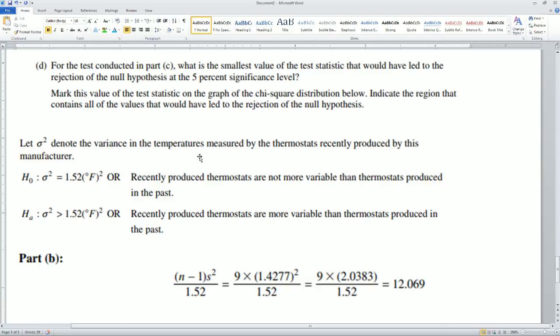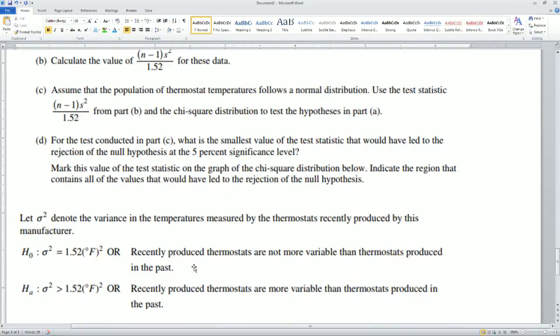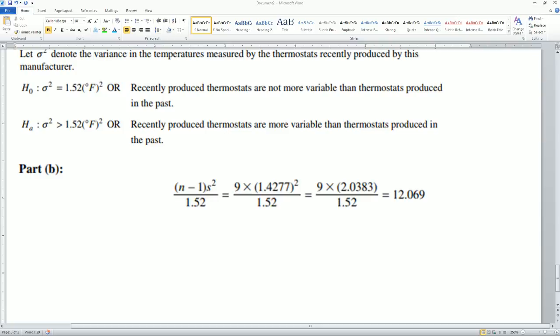Right, that's right. Part C is using the test statistic from part B and the chi-square. You're gonna test the hypothesis because this is your expected. Now you can test it. So what do we have from part B?